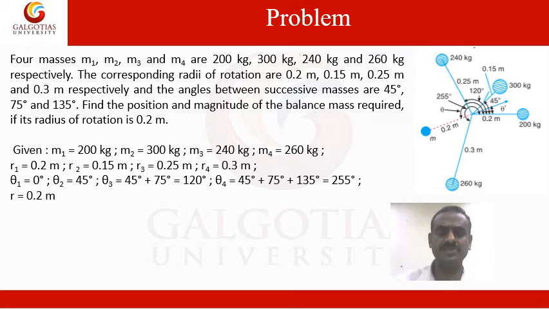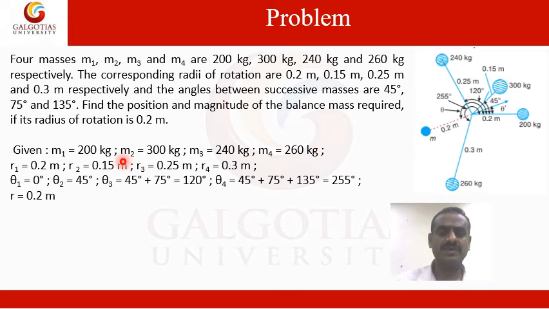From this problem, these are the given data. There are four masses: M1 equal to 200 kilogram, M2 equal to 300 kilogram, M3 equal to 240 kilogram, M4 equal to 260 kilogram.